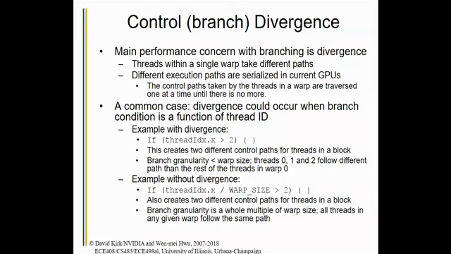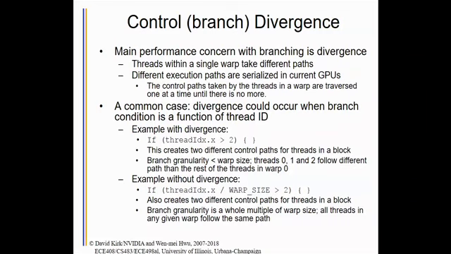Okay, 1,024 threads for 1,000 elements, so 24 of the threads will be outside and 8 of the threads will be processing, right? So that warp is going to have a situation where some of the threads will go in one direction and some of the threads will go in the other direction in that if-then-else statement. So this is called control divergence. And the different execution paths, in this case in the GPUs, will be serialized.